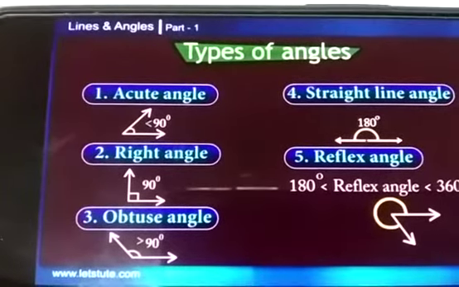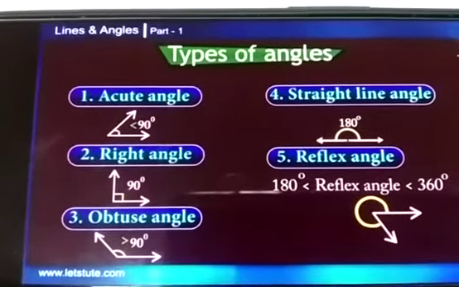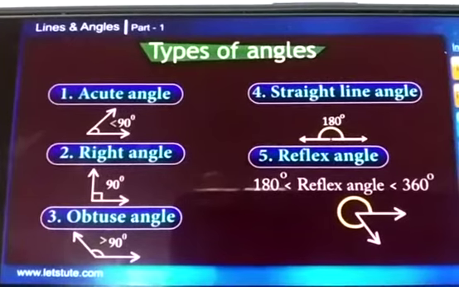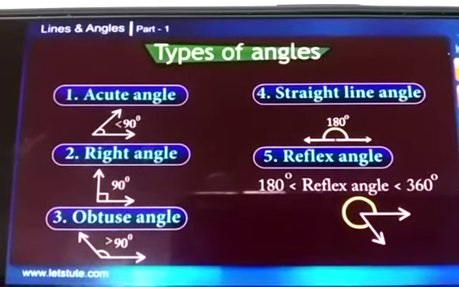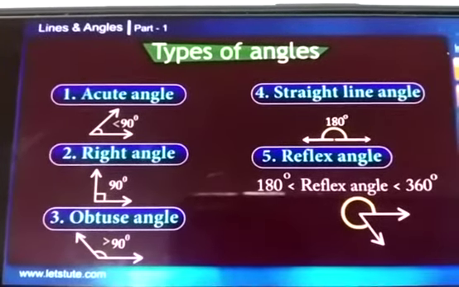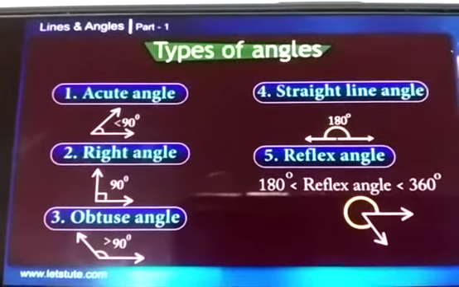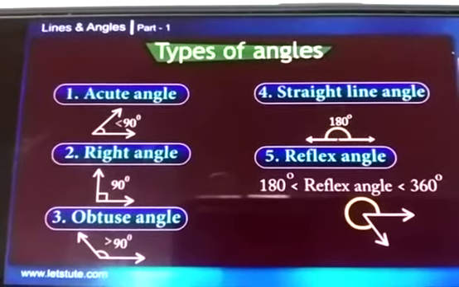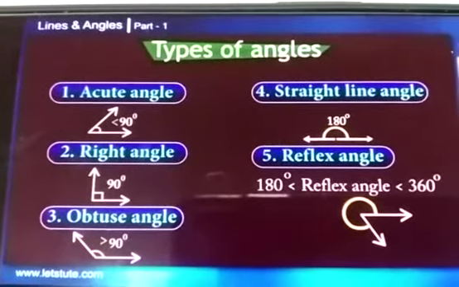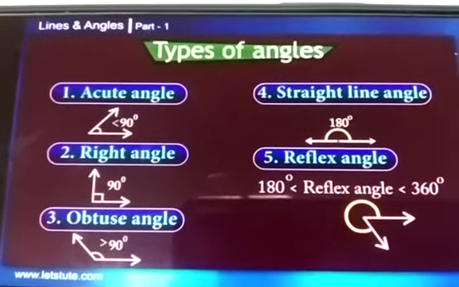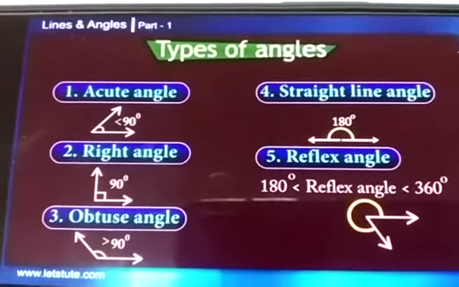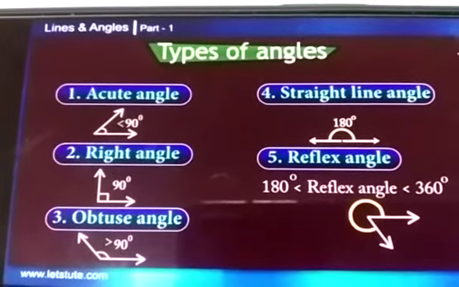You have already learned the types of angles in your previous classes. We'll just revise once. What is an acute angle? An angle between 0 degree and 90 degree is known as an acute angle. Then comes the exact 90 degree angle, which is known as a right angle.